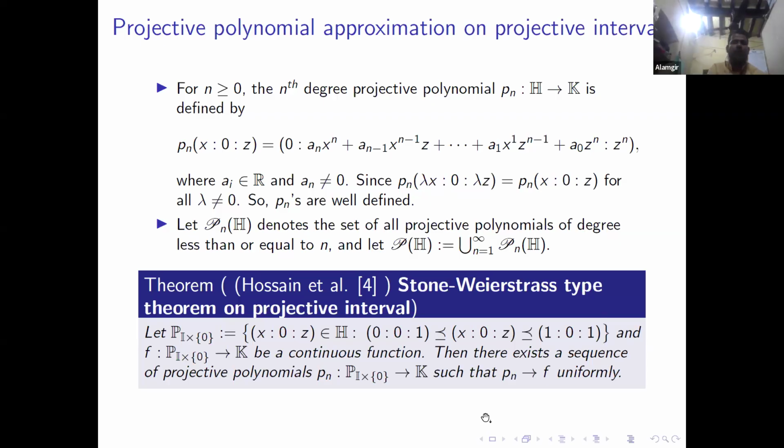And we know that any two arbitrary intervals are homeomorphic to each other, so we can define any function on any interval and then approximate that function by projective polynomials.